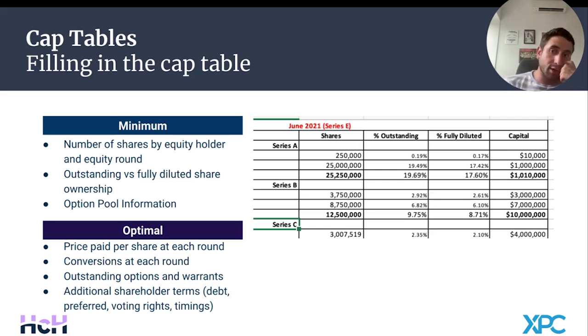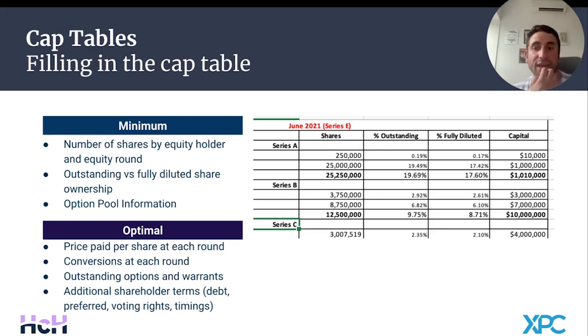Outstanding options and warrants need to be captured in some shape or form, but you have the ability to expand that and make it very clear how many options are in the company. You can do that at the Series A versus Series B level, instead of perhaps just doing a percent outstanding and percent fully diluted, and not capturing the nuance of the options within each round of investing.